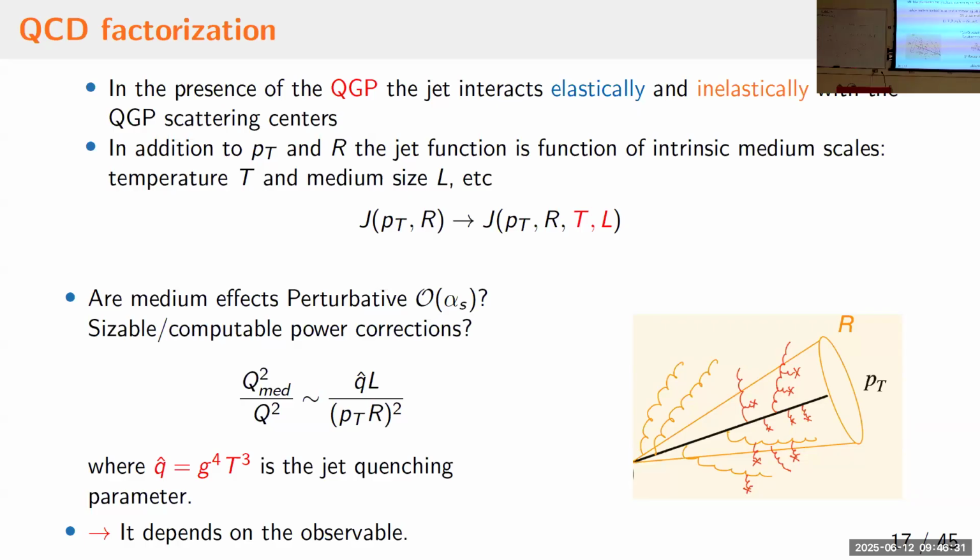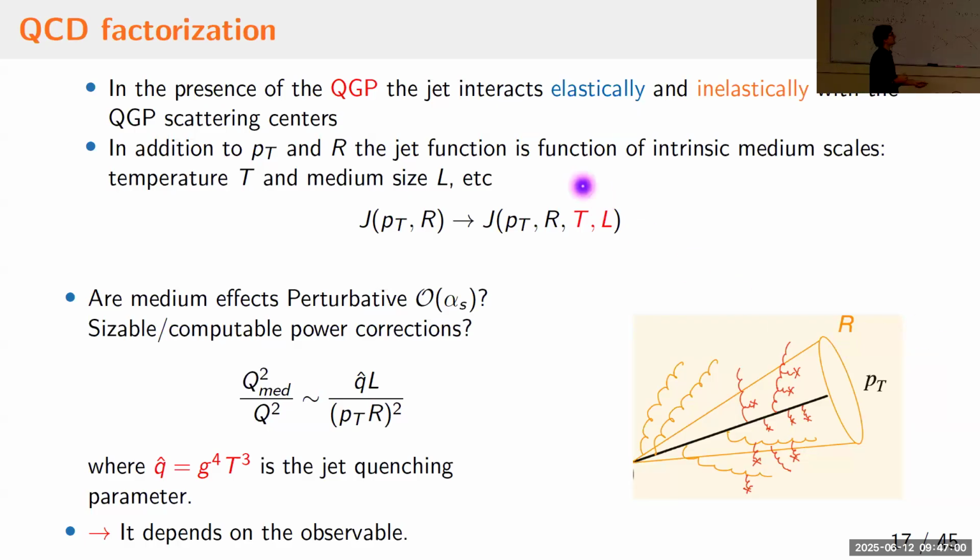For the interactions that happen at the Fermi scale in the plasma, this is almost time zero. So the hard function is unchanged, but we should now expect the jet function to be modified. And then we start looking at the scales.